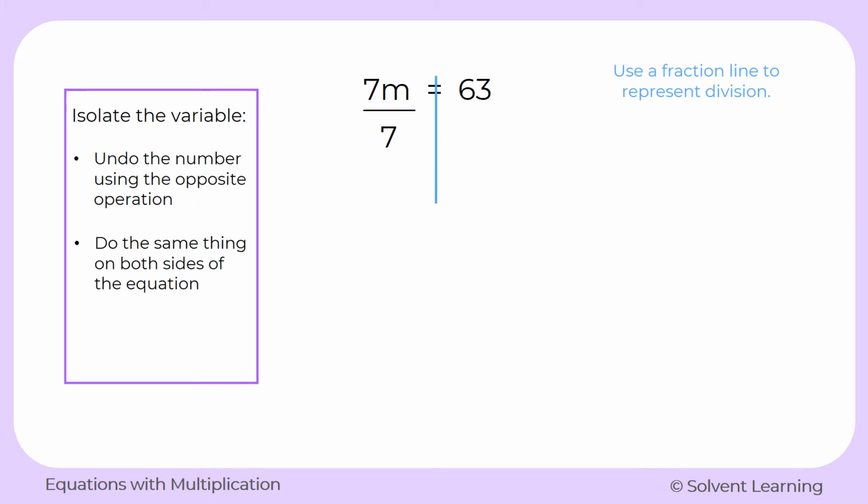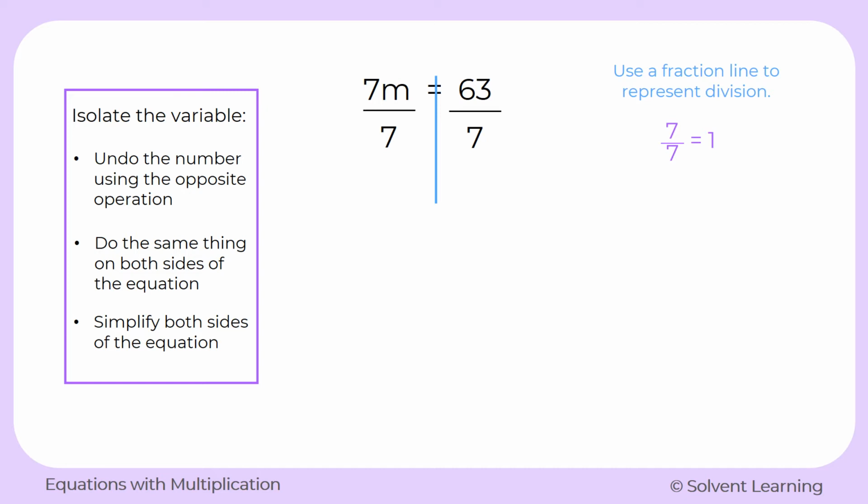And of course, we have to do the same thing on both sides of the equation. So if I divide by 7 on the left, I also have to divide by 7 on the right. And now we can simplify both sides of the equation. Now on the left side, we have 7m over 7. In a fraction, when we have the same factor in the numerator and denominator, it's going to simplify to just 1.